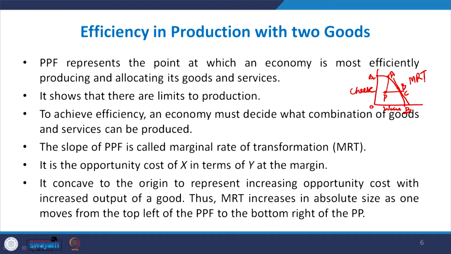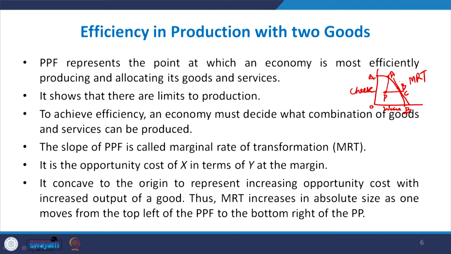So, if we know the production possibility frontier and also the cost function, then we would be able to know the optimum level of output. The slope of the production possibility curve is known as the marginal rate of transformation between the two products.